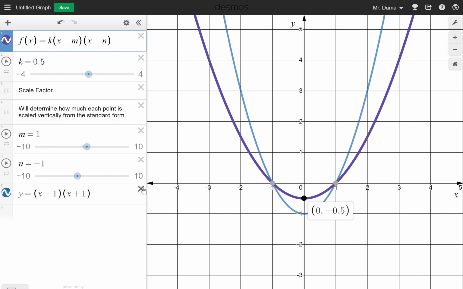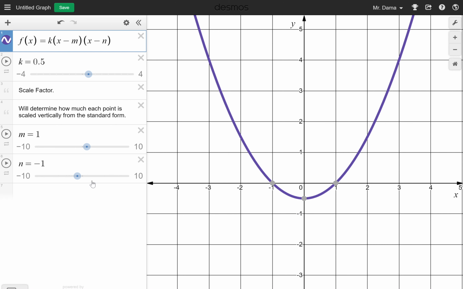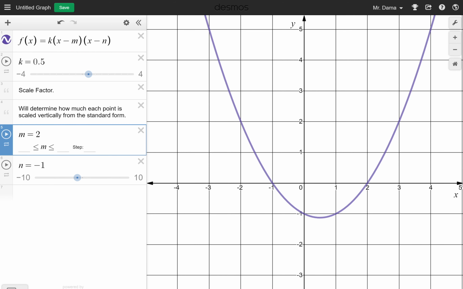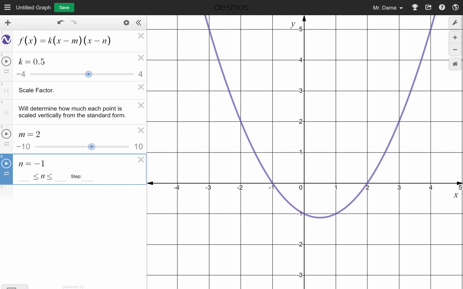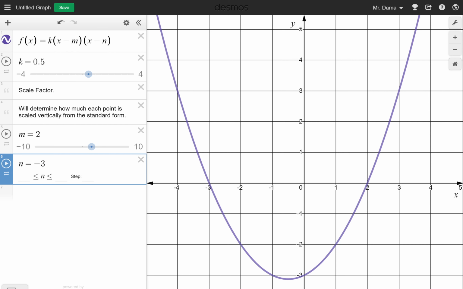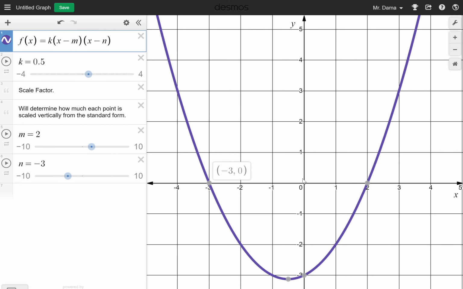Not y equals half, k equals half. So let's have a look. I'm going to make one of my roots be 2 and another root be -3. Look at how my graph has changed. It goes through this point and this point, and my k is still 1.